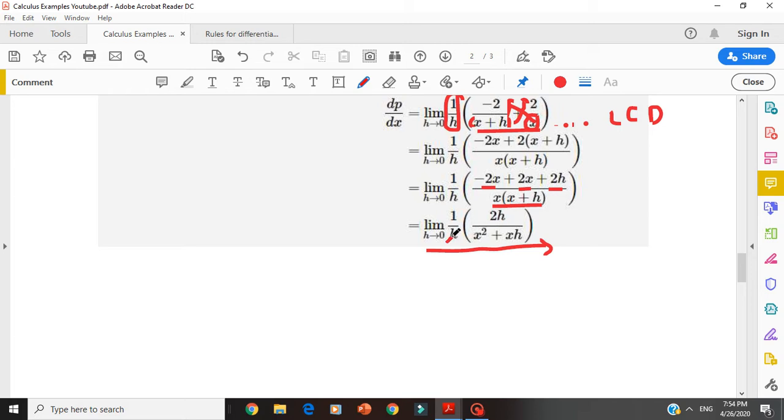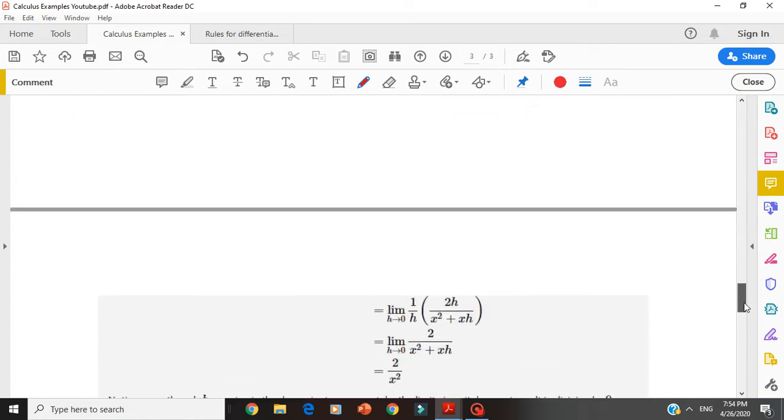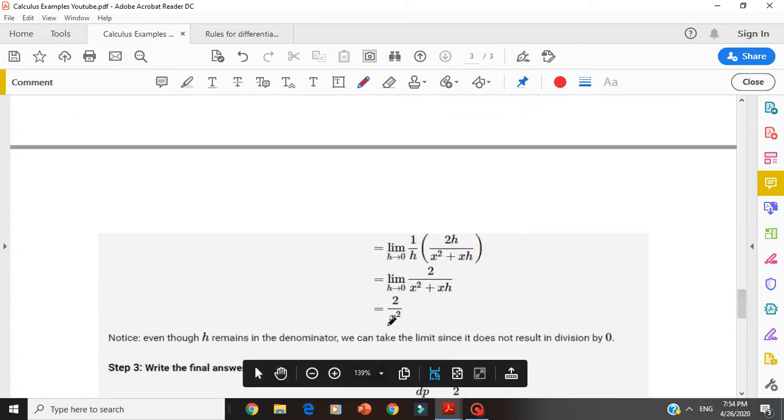Now notice the h's cancel over here. And so in my final substitution, when I substitute h equals 0, this xh will fall away. That will be 0. And so you will be left with 2 over x squared as your final answer.